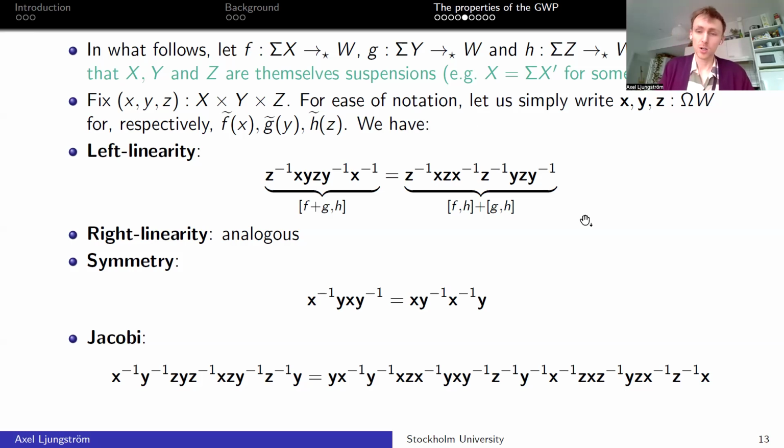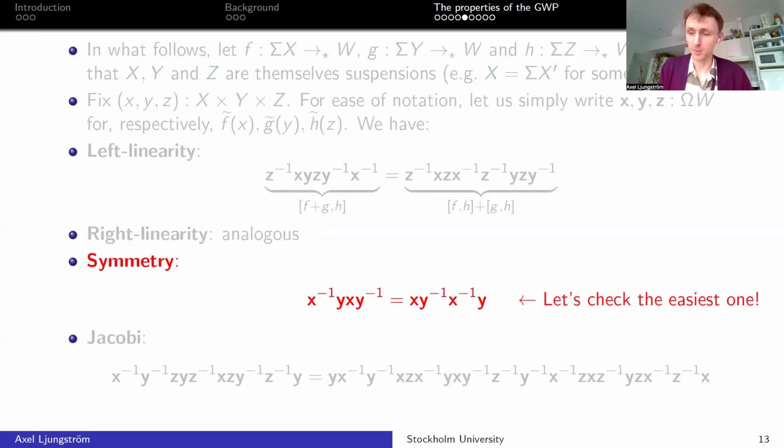Okay, so since some of these look horrible, let's just focus on symmetry. And now when we sort of get to this point, the proof is gonna start looking really, I mean, it's almost going to be anticlimactic because the proof becomes so simple. So what is the idea? How do you prove this thing?